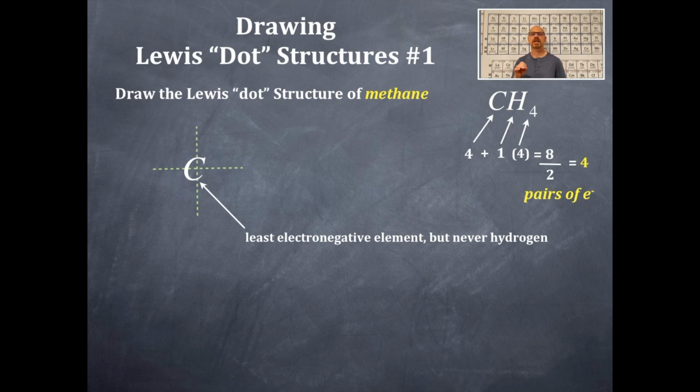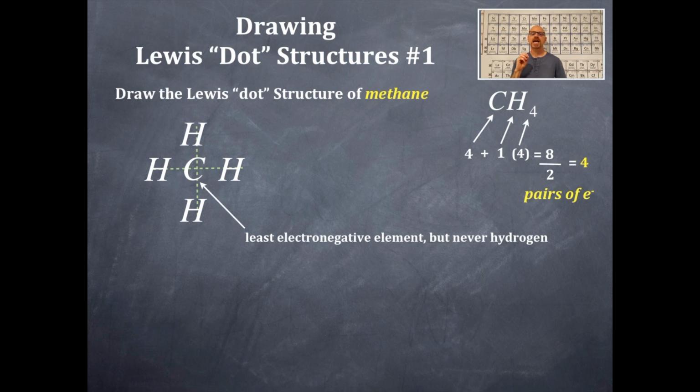Now, the next rule is to place the other elements around the central element. In this case, the central element is carbon, and I have hydrogen. So I'm going to place the hydrogens around the plus sign, just like that right there. Okay? Then the next rule is to place a pair of electrons between the central element and the outside element. I have 4 pairs of electrons, and I have 1 carbon and 4 hydrogens.